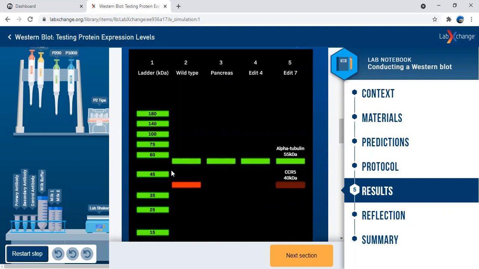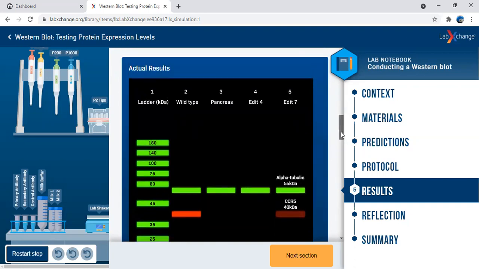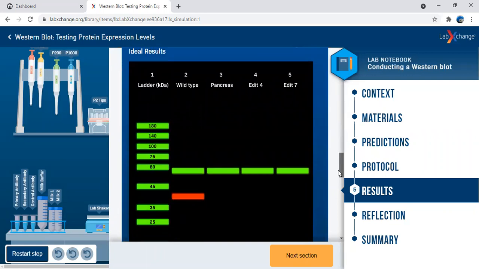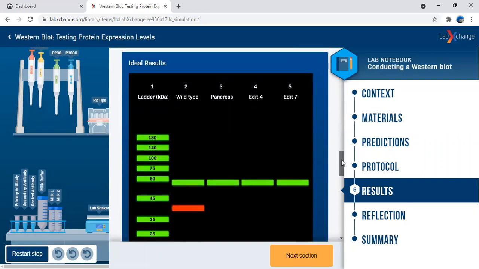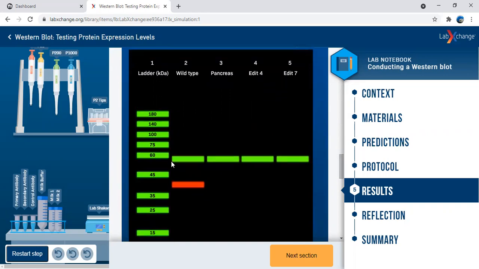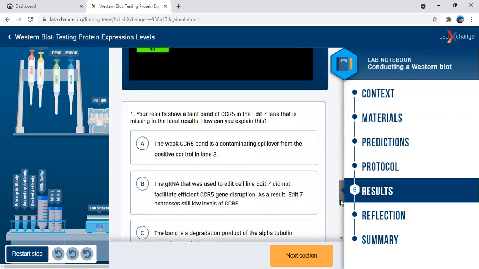And the 40 was present in the wild type, the CCR5 only. But it seems that the CCR5 is present also in the edited lane 7. The results, as I predicted, are similar to my predictions, having 55 kDa in all of them and the 40 CCR5 in the wild type.